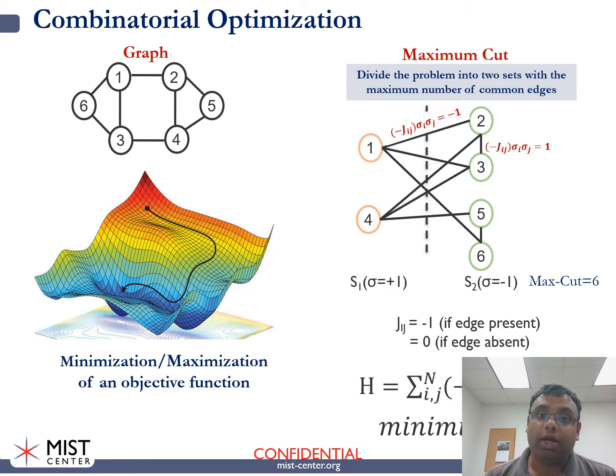So now the idea is that we want to maximize the number of common edges, or in other words, we want to maximize the number of edges that have the value of -1, which numerically is equivalent to minimizing this function shown at the bottom right, given by this H. So combinatorial optimization problems can be expressed as the maximization or the minimization of a function, but of course, this takes place in a higher dimensional discrete domain.